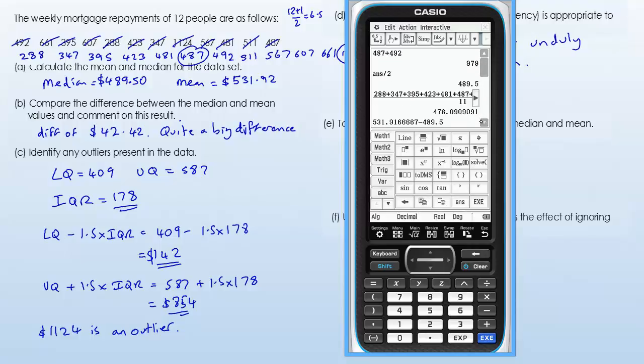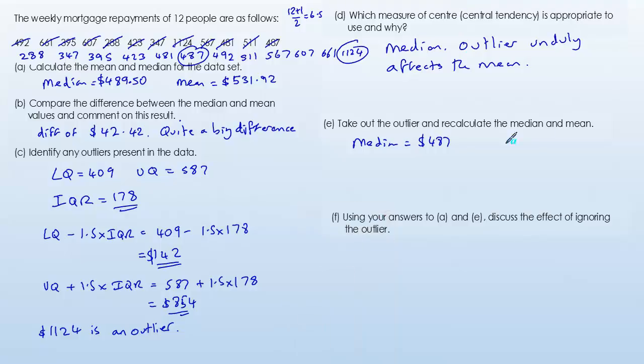And we need to go back up and find that, and that's 478.09. So the mean was 478.09.